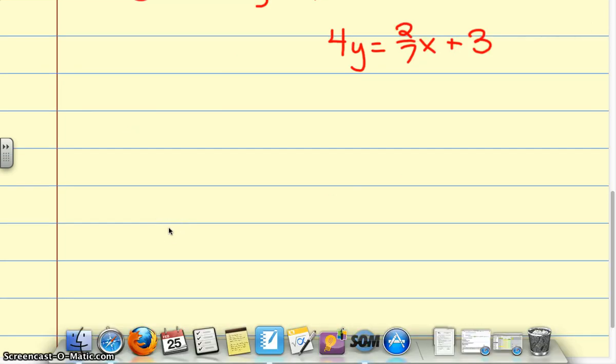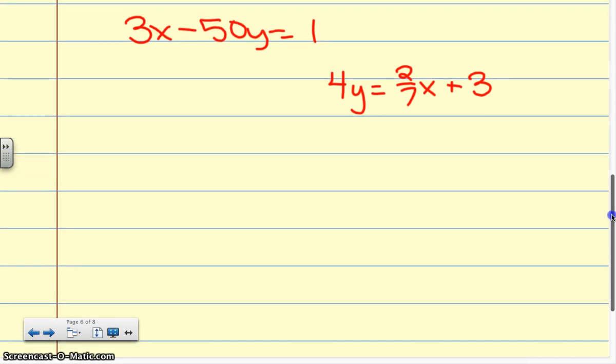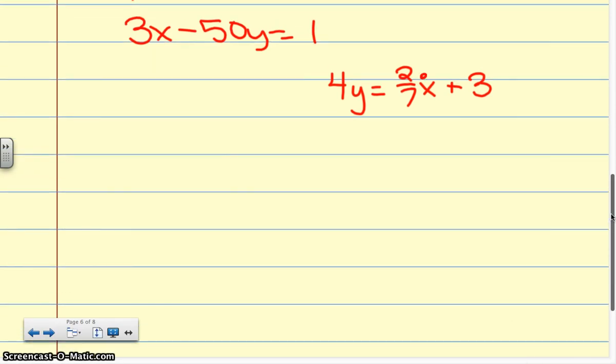Alright, there's a couple of us that used different strategies, and I think both of them are effective. One of the strategies I saw right away was someone got rid of the denominator right away. Nothing wrong with that. I think it's actually a super organized way to do it. So that turns into 28y is equal to 2x plus 21.